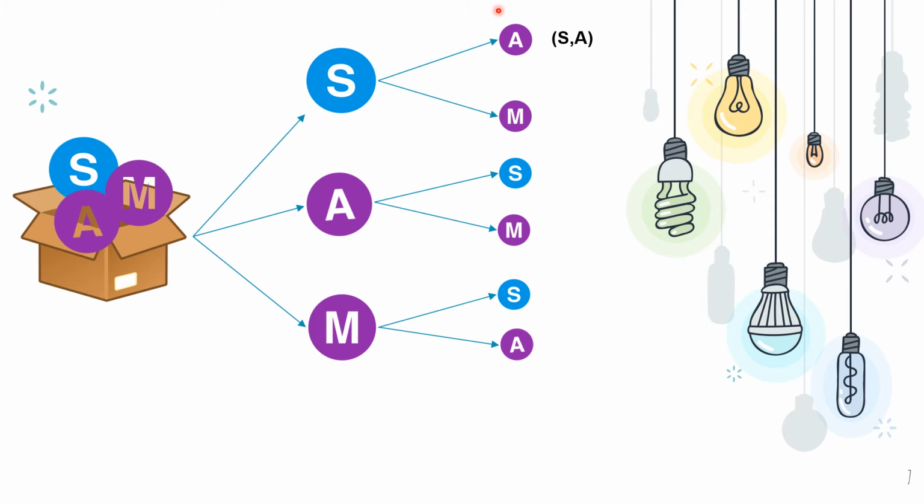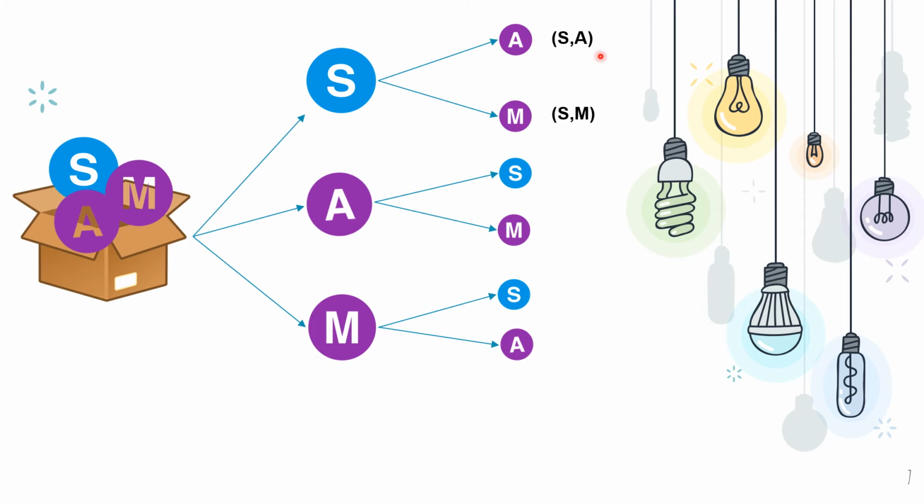So where are the possible outcomes? Look at the paths. S, A. So this is a possible outcome.